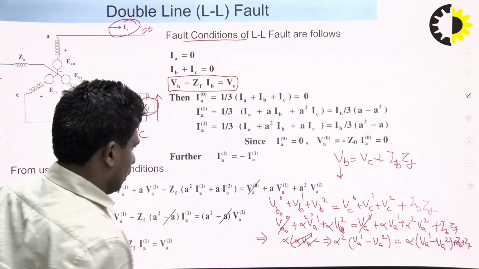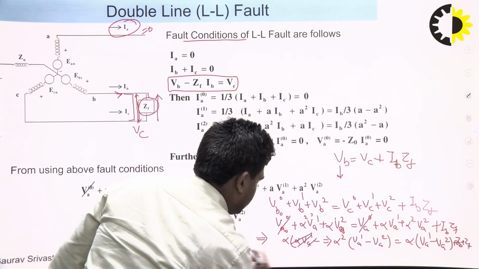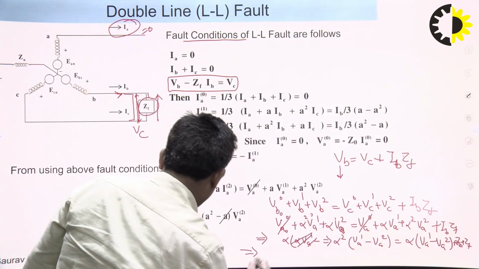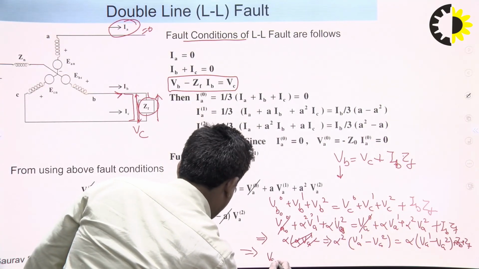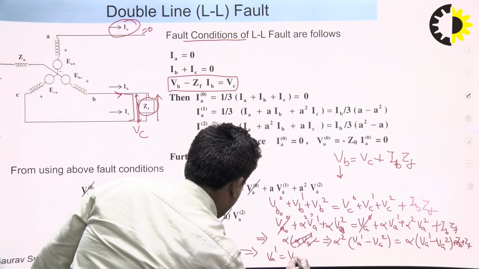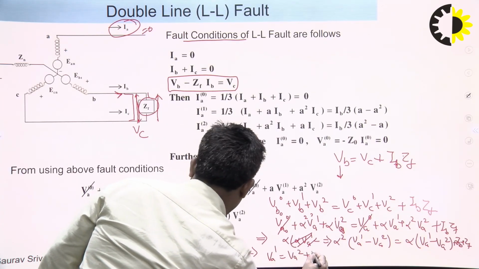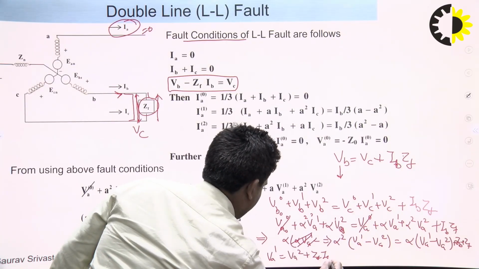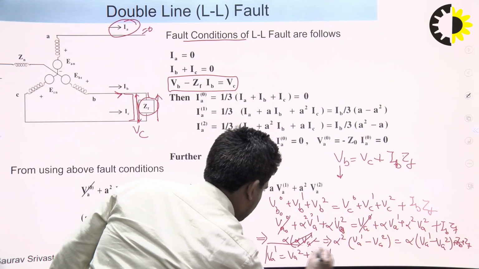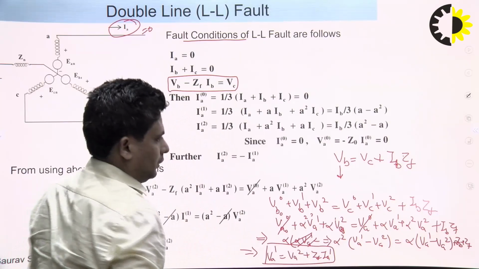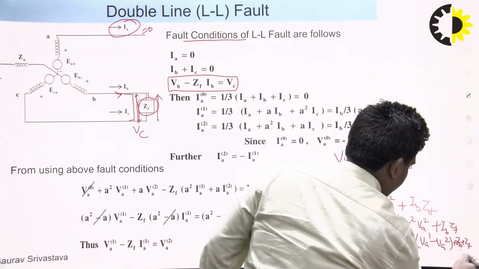So now overall the expression becomes Va1 is equal to Va2 plus ZF Ia1. Just put the value of IB.